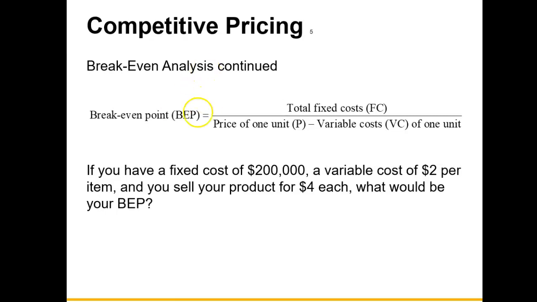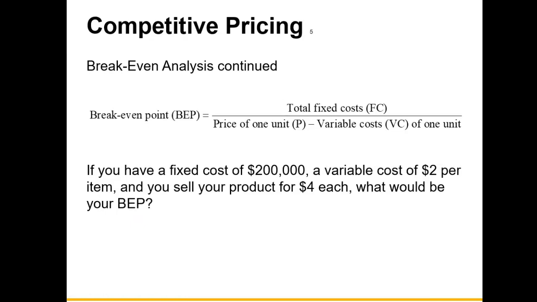For example, if our fixed cost was $200,000, our variable cost is $2 per item, and you sell products for $4 each, what would be your break-even point? Meaning, how many units must I sell in order to break even?